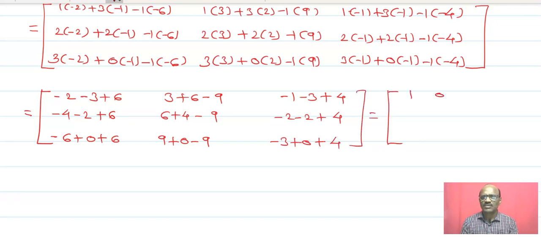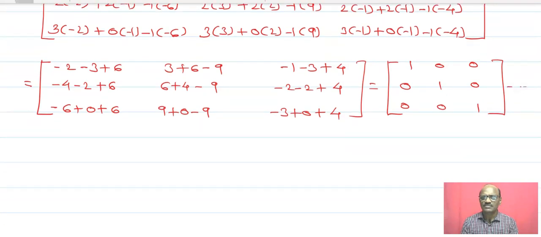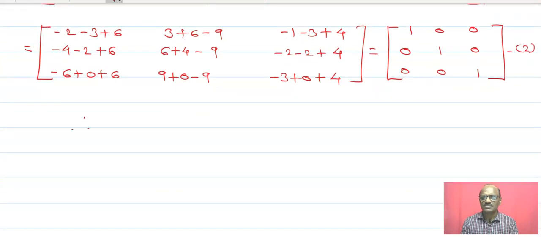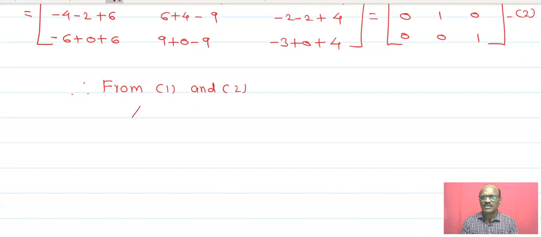That is 1 0 0, 0 1 0, 0 0 1. Therefore, from 1 and 2, AB is equal to BA, and matrix multiplication is commutative.